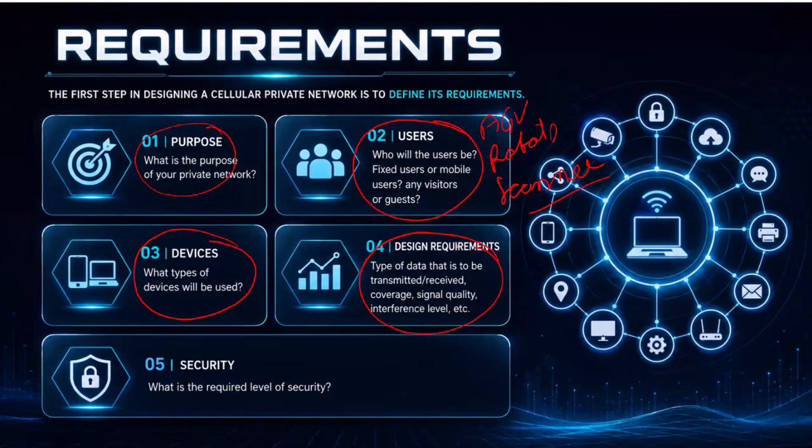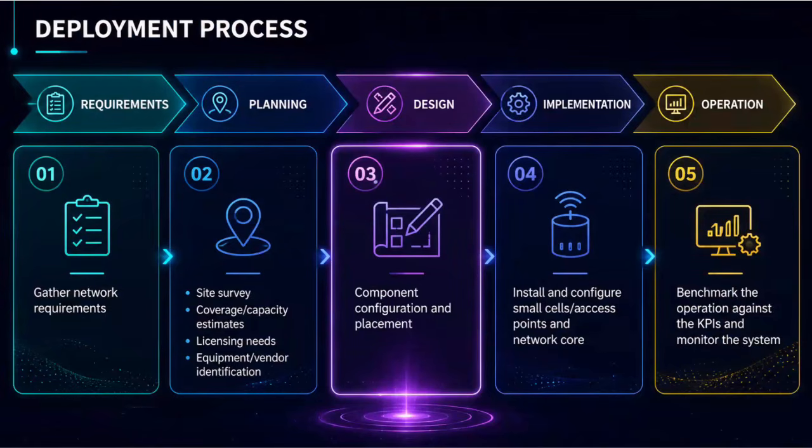So again, do not start designing until you understand all these 5 points, because those 5 points will drive almost everything: coverage, capacity, spectrum, small cell count, placement, and ultimately the cost of the network. If we start deploying or designing the network before properly understanding the requirements, I consider it suicide.